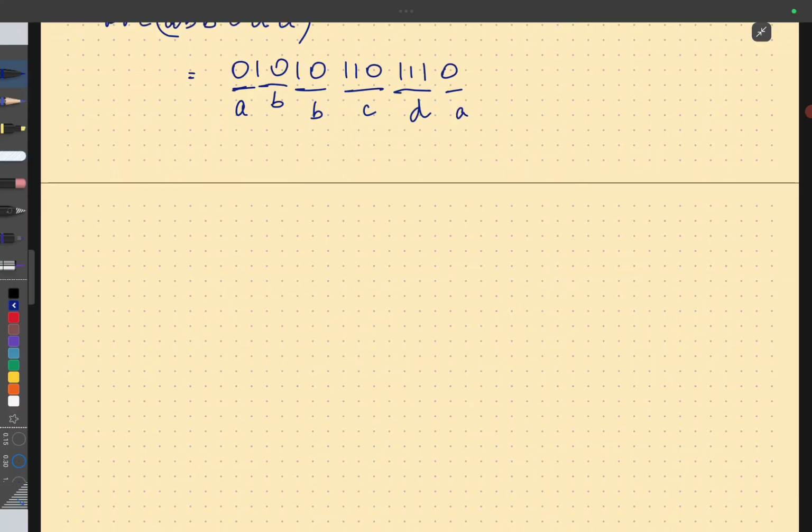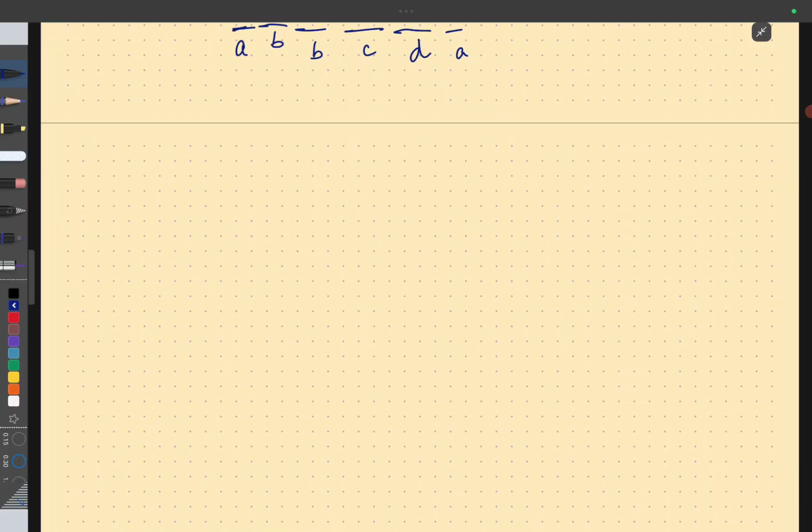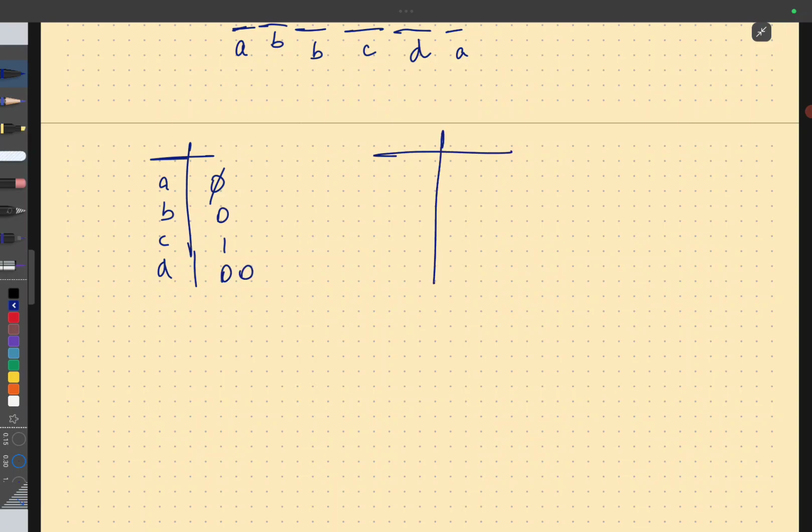So if I have, let's take maybe 3 different codes. The first, C, D, the optimal code. The second is B, C, D, maybe something like this, which is 0, 0, 1, 1, 0.